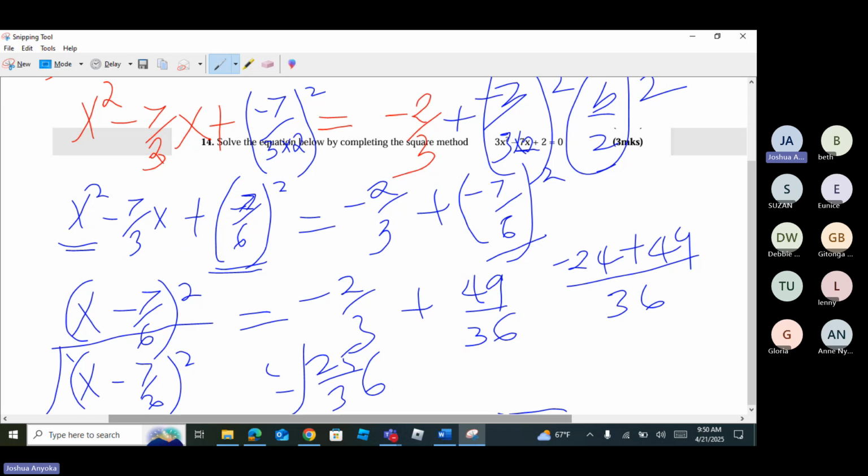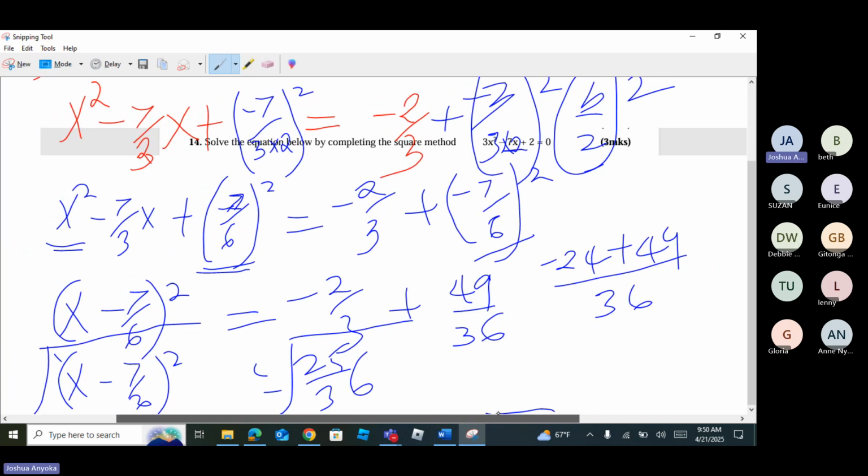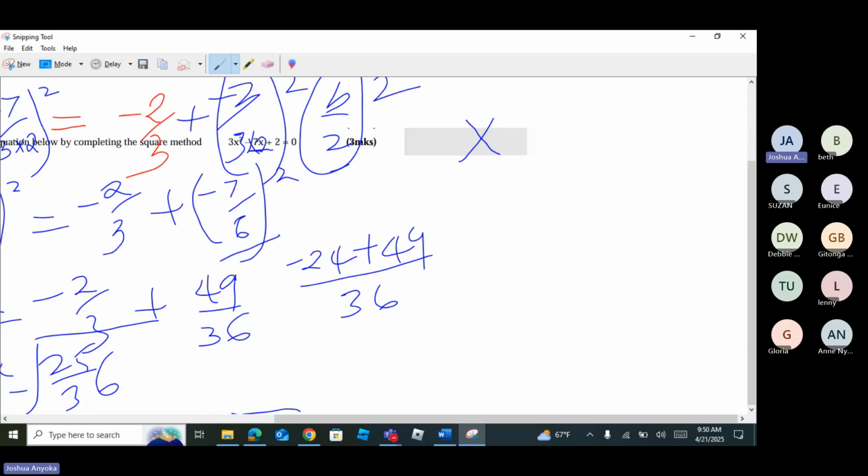We square root this one. On getting the square root both sides, we remain with x minus 7 over 6 equals the square root of 25 over 36, which is 5 over 6.